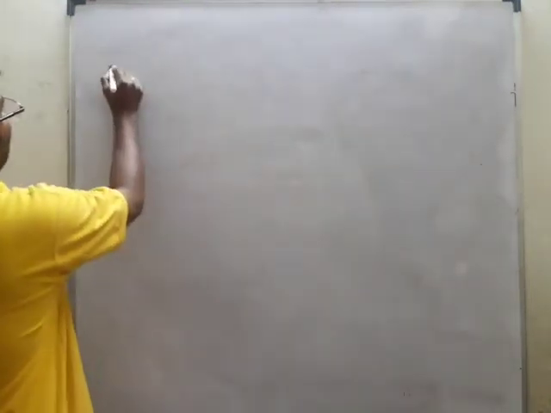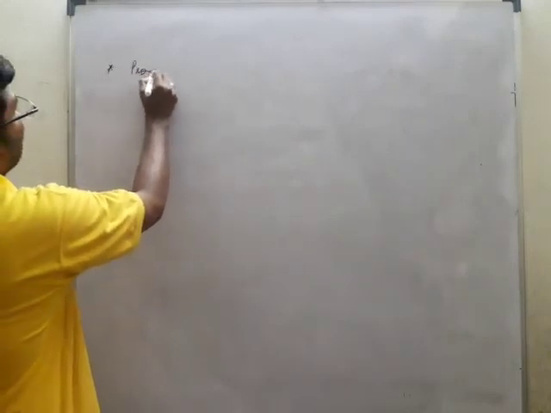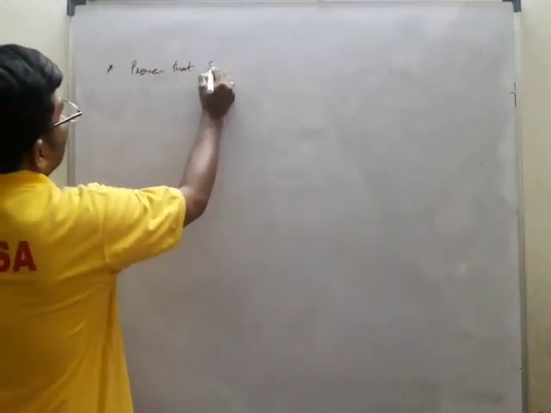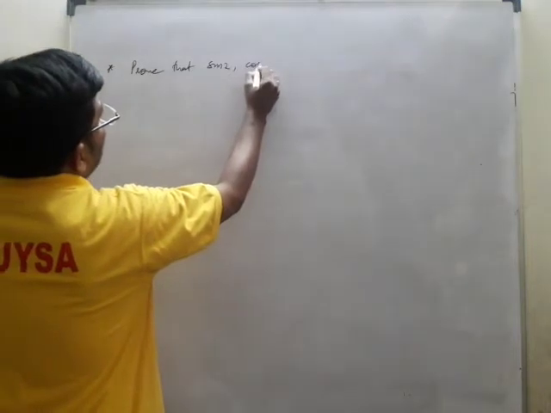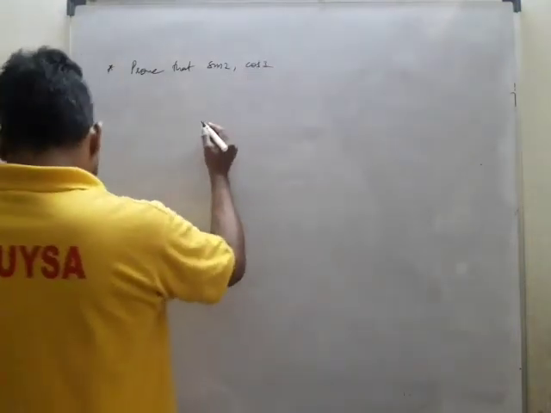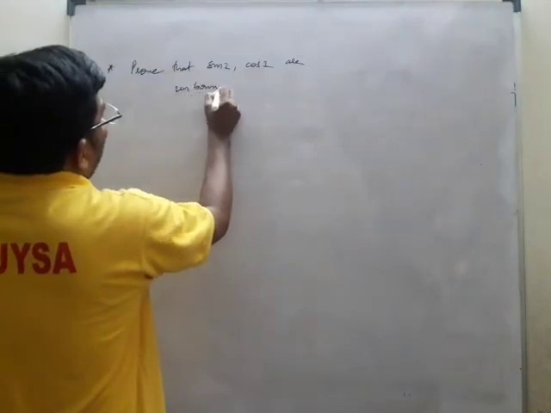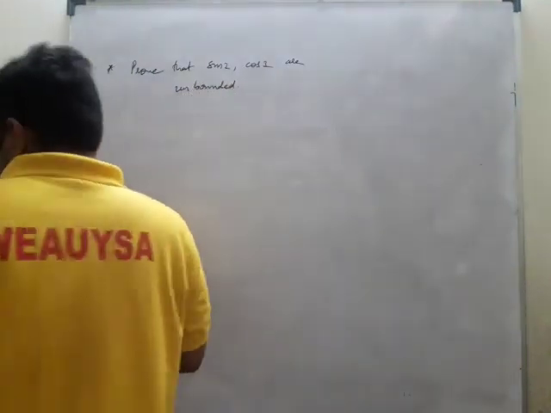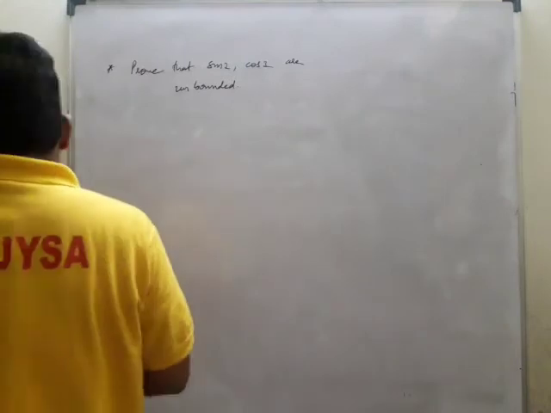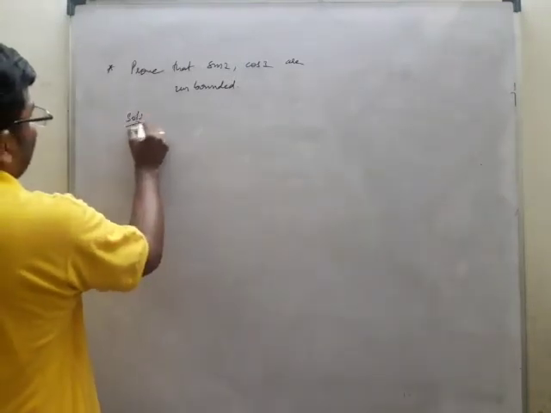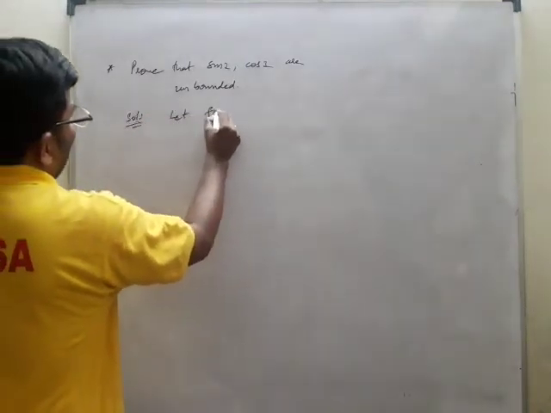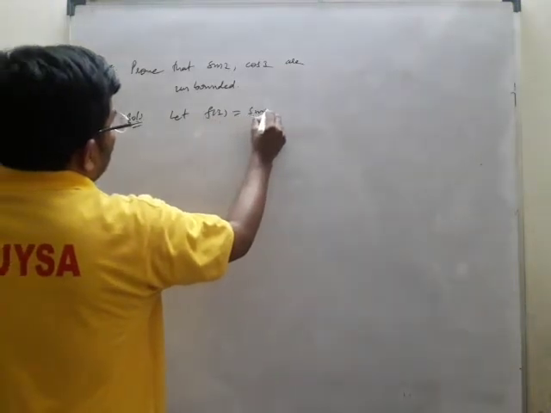Now the first one we'll do: prove that sin z and cos z are unbounded. Solution. Let f(z) = sin z.